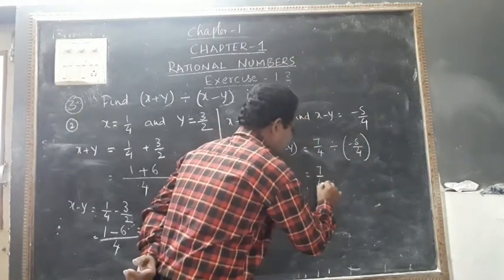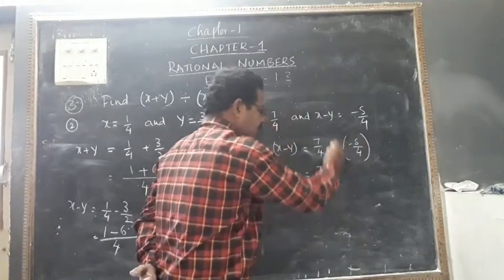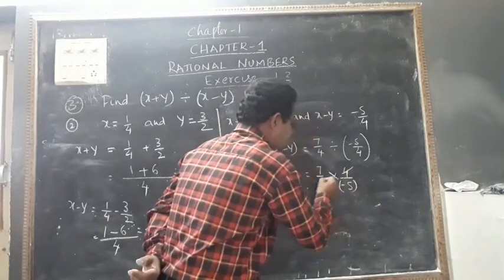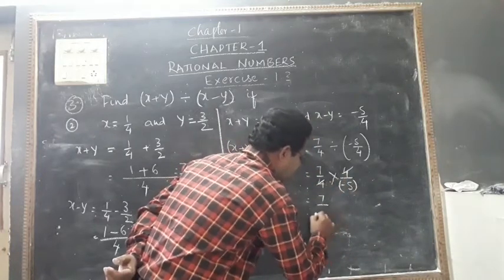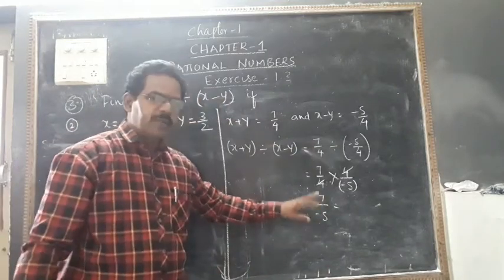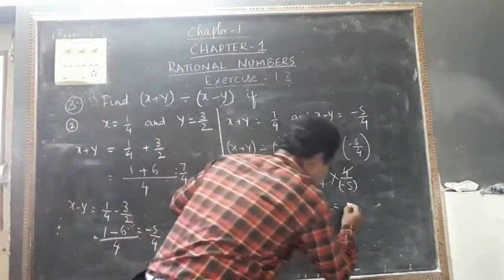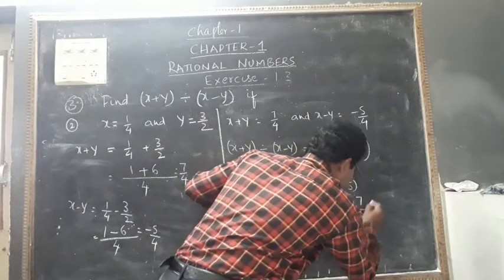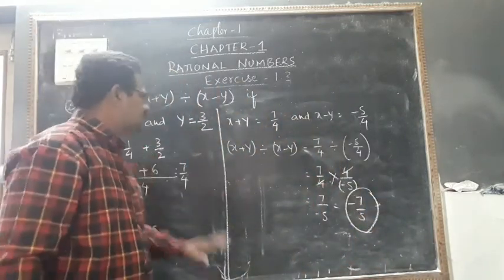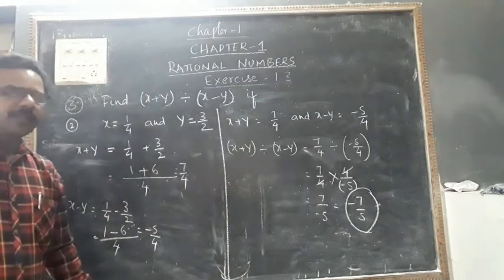This is equal to 7 by 4 into, the fraction will be reversed, 4 by minus 5. So 4 and 4 can be cancelled. 7 by minus 5. If the minus is in the denominator or in the numerator, we have to bring it to the numerator. So the answer is equal to minus 7 by 5. Okay. So this is the second sum. Please copy it in the classwork.